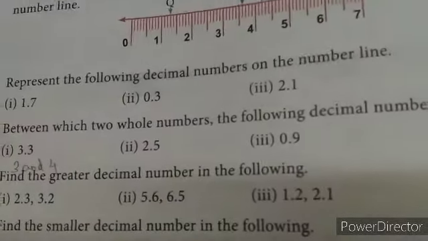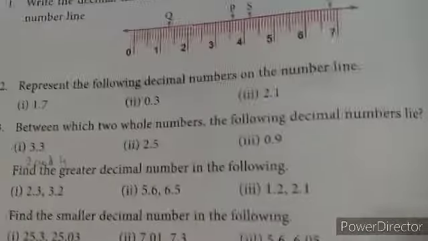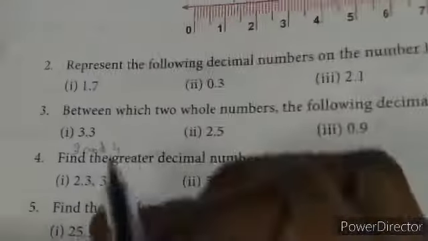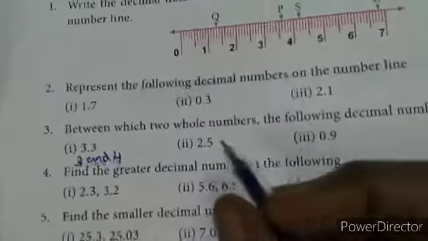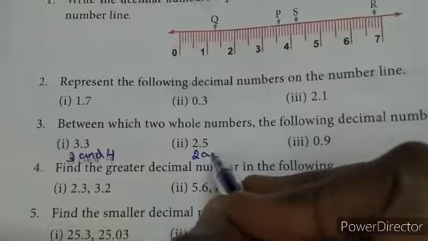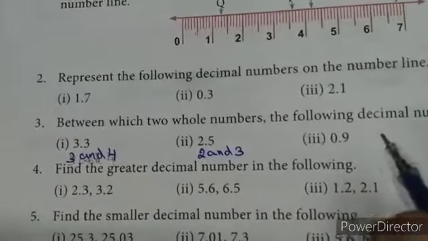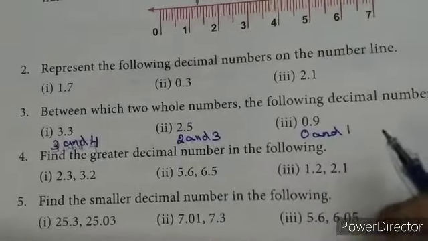Now, question number 3, between which two whole numbers does the following decimal number lie? 3.3 will come in between 3 and 4. 2.5 will come between 2 and 3. 0.9, between 0 and 1.